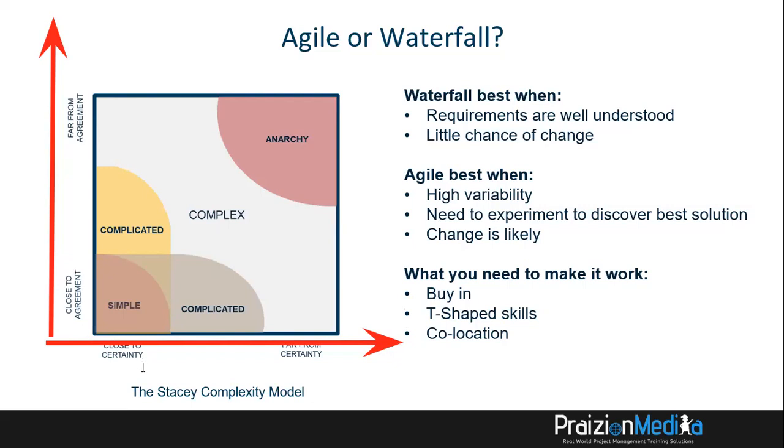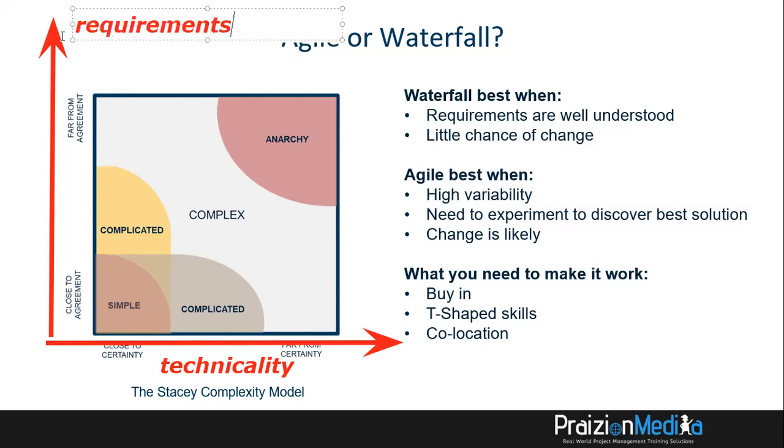This is always saying two parameters, technicality and requirements. So the more certain you are about the requirements, the more predictive you should be. I mean, why wouldn't you be?